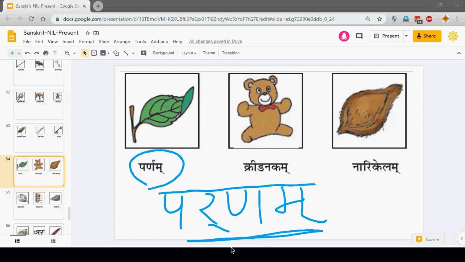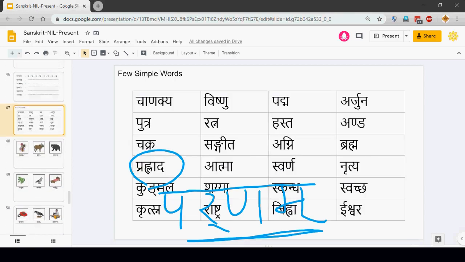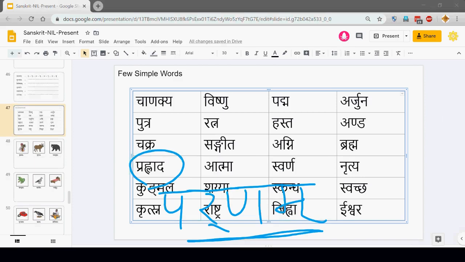Because it is a hook. Like we saw before, like Arjuna. The hook is on top because the hook indicates the ra consonant sound, and going from top to bottom, the top should be pronounced first. Arjuna.